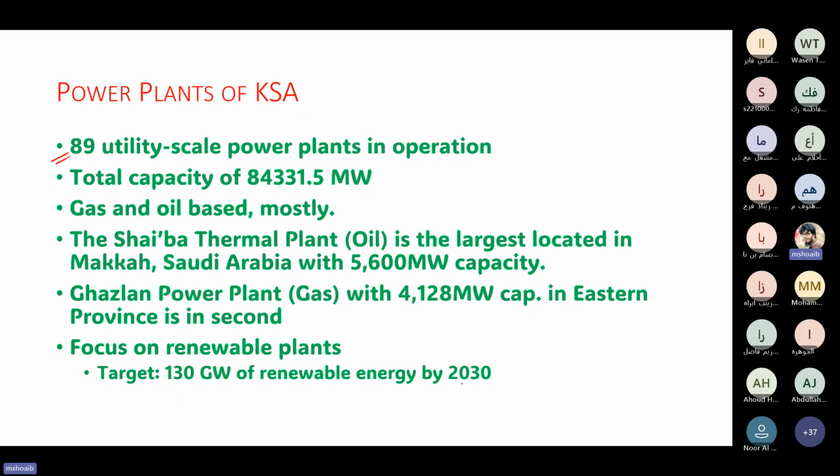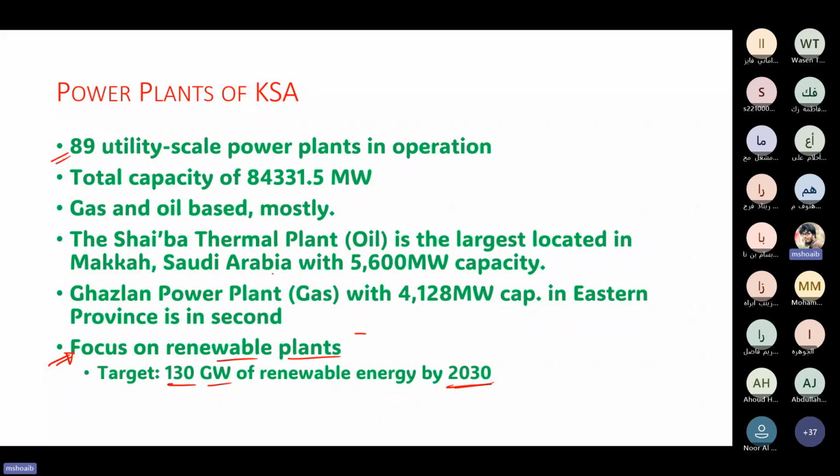That is also a part of Vision 2030, and their target is to increase the focus on renewable energy, and I think most of you know about it, not only solar, hydro, but also fuel cell and hydrogen gas, and different forms of wind. So the target is to reach 130 gigawatt of renewable energy power by the end of 2030.